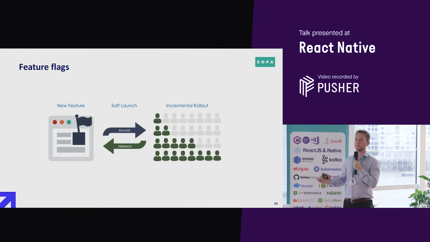So what we've decided to introduce is feature flags. I don't know if any of you use feature flags. Yes? No? I'm just going to give a quick overview of what feature flags are about. They basically allow you to enable and disable a feature from your code base. So you can merge your code even though the feature is not done.